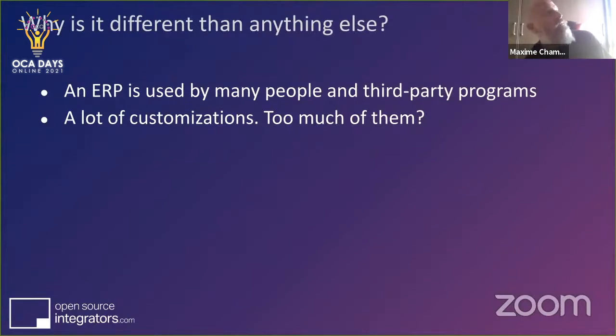So why is it different than anything else? Maybe the comparison we can use is upgrading a phone or upgrading a computer. The idea there is it's not a personal choice, because it involves lots of people in the organization, and you can't always predict how people will react to change. And again, especially with integration, there are third-party applications that will be impacted.